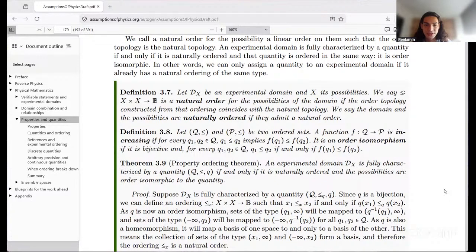It is an order isomorphism if it is bijective, and for every Q1 and Q2 in Q, Q1 is less than or equal to Q2 if and only if f of Q1 is less than or equal to f of Q2. Okay, so this is the standard thing: you can go from one ordered set to the other ordered set, and you keep the ordering, and it's an isomorphism, you can go back and forth, and you still keep the ordering in both ways.